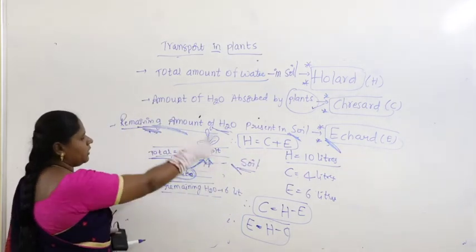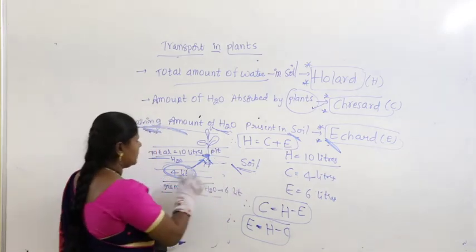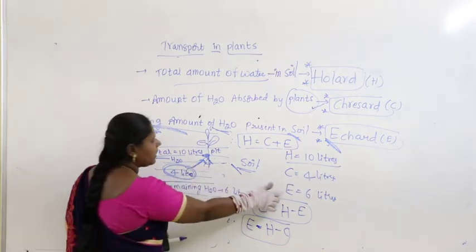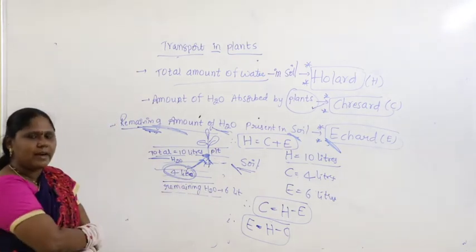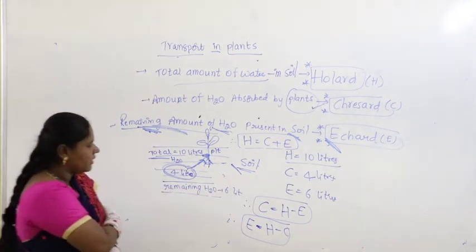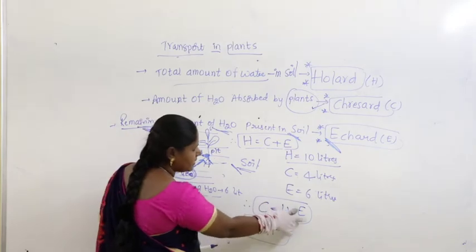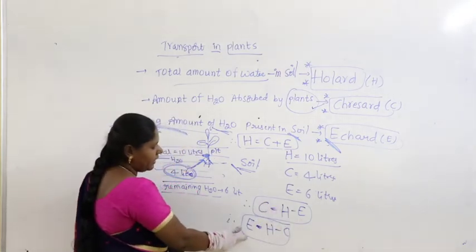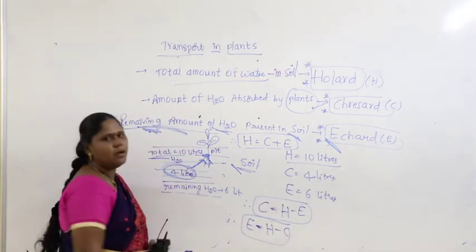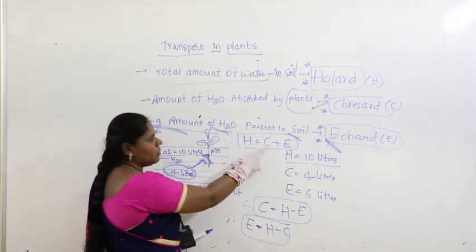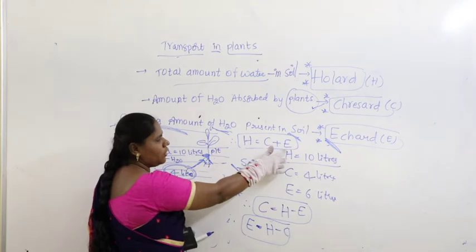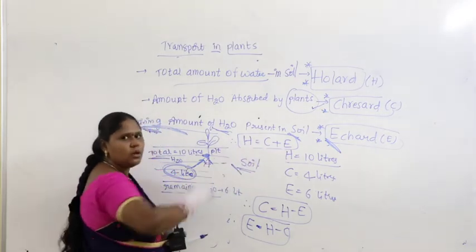Holard is total water, crescent is water taken by the plant, and Icard is the remaining water left out. According to the calculation, crescent is equal to holard minus Icard. If you want to calculate Icard, it is holard minus crescent. And to calculate holard, take the total amount of water absorbed by the plant and the left out water. Then you will know the total water.